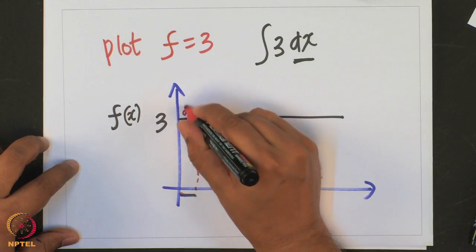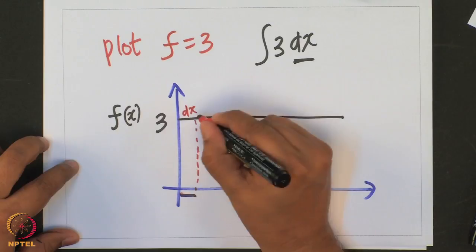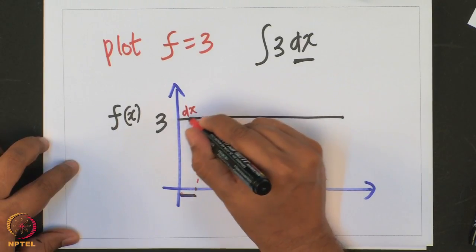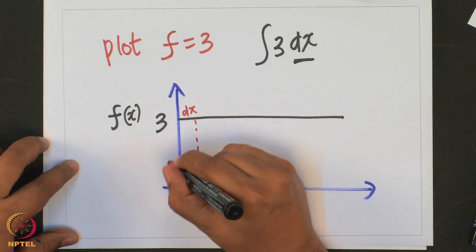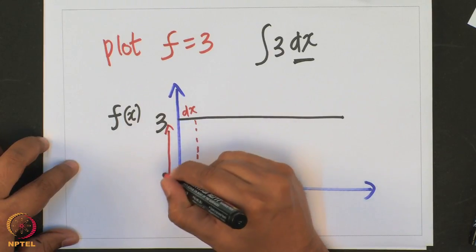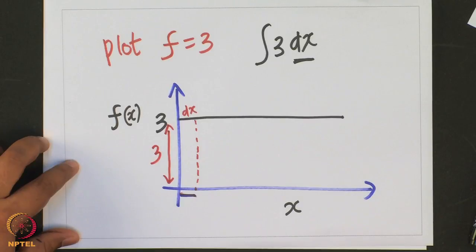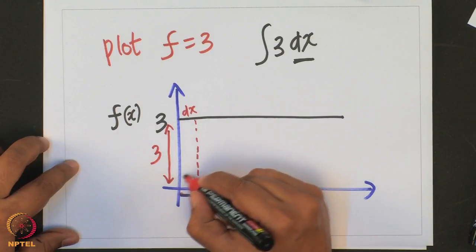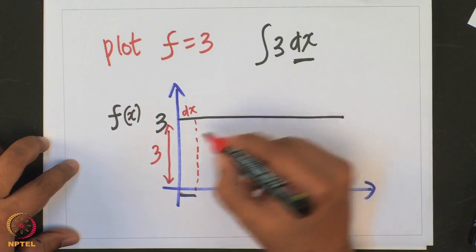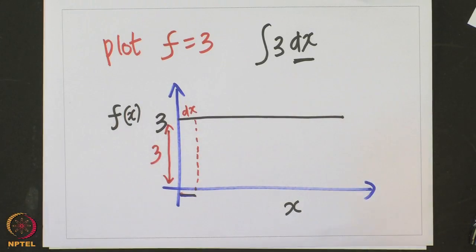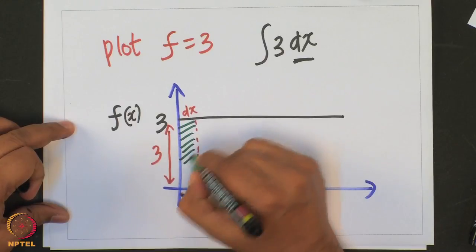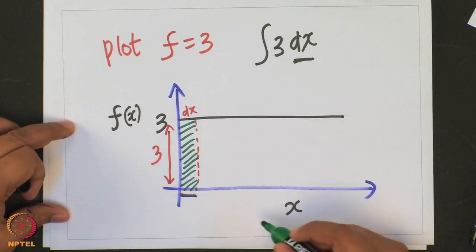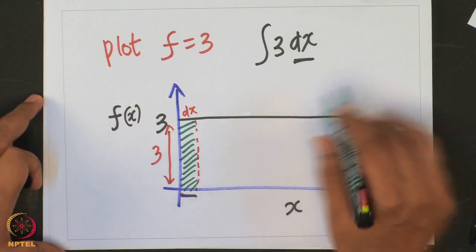This is my dx, this small length, and 3 is this height. So this height times this width, which is dx, so 3 dx will essentially turn out to be the area of this. This shaded area will be 3 dx.